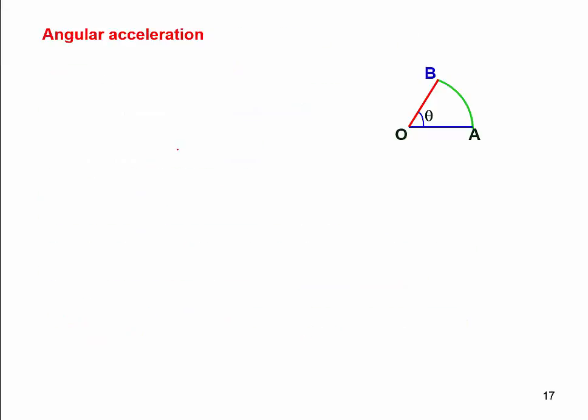How about angular acceleration? Remember, we said acceleration is caused by force. And we just said an object cannot be made to move in a circle without a force. That means if an object is moving in a circle, we can be sure that there is a force acting on it.